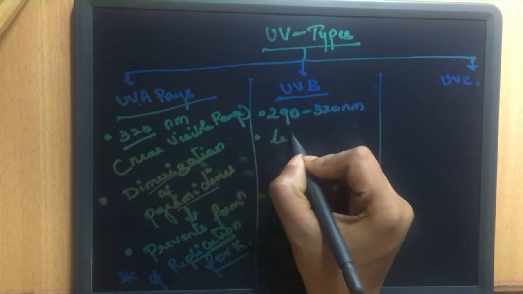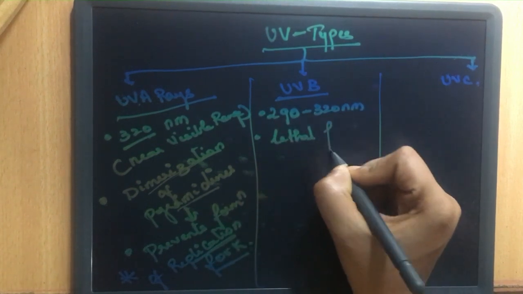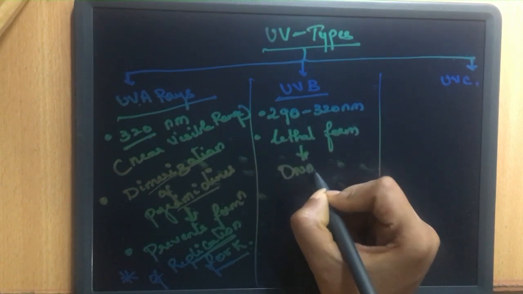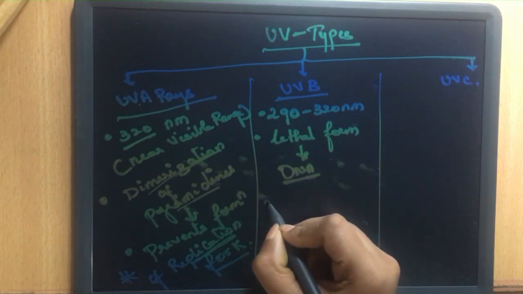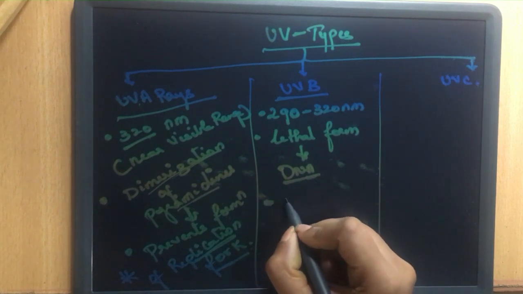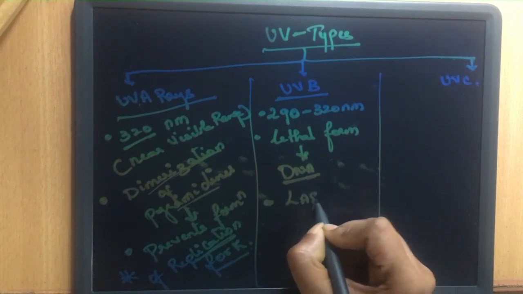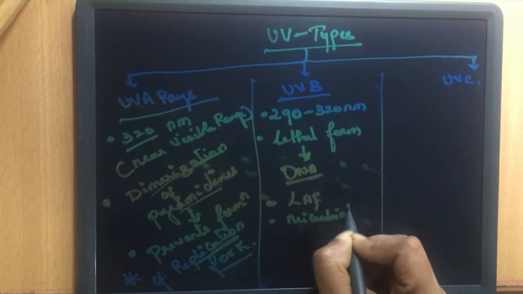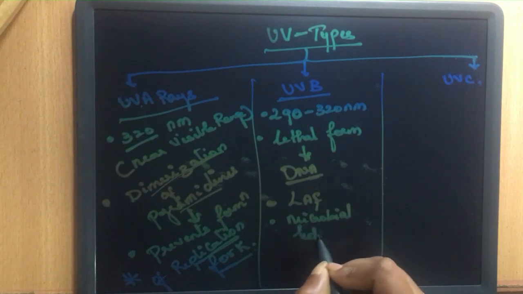This is the most lethal form, which can destroy the entire DNA. This type of UV rays is used in our lab, in our microbial techniques, for sterilization.